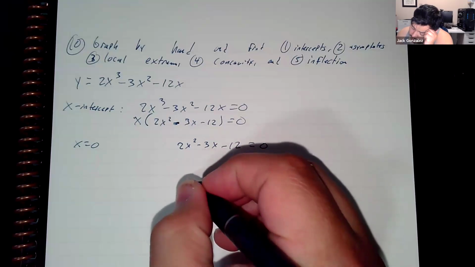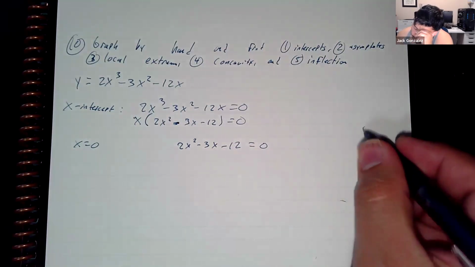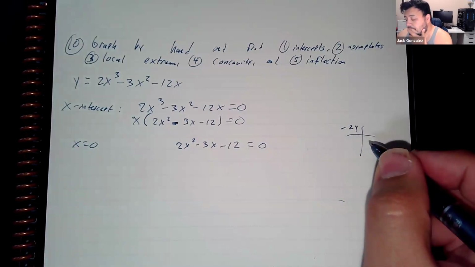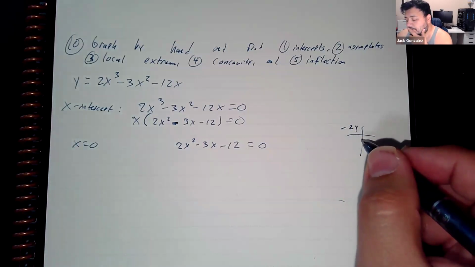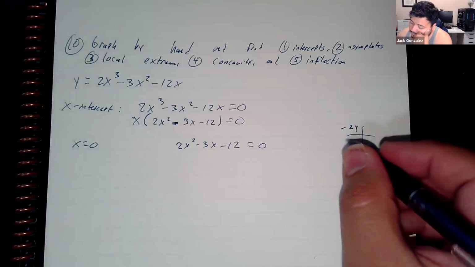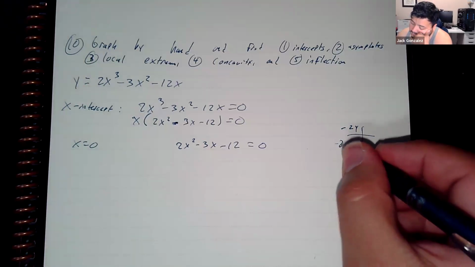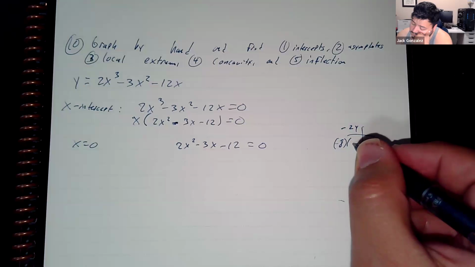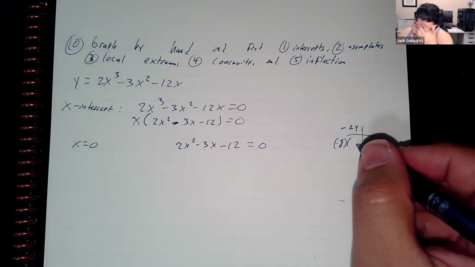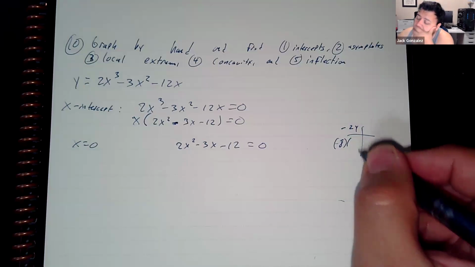Back to this guy. Negative 24. Negative 8 and no. Does that factor nicely?